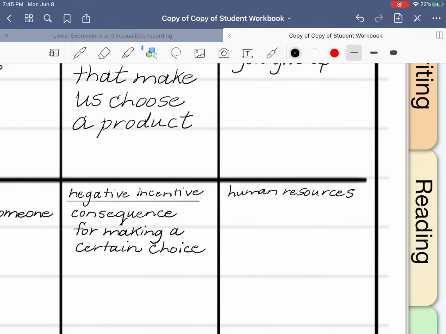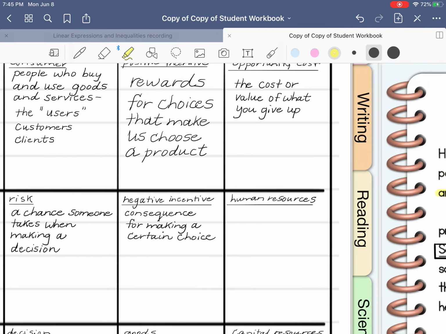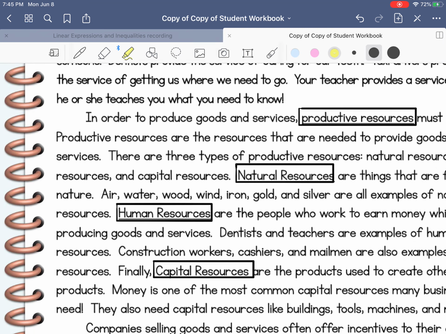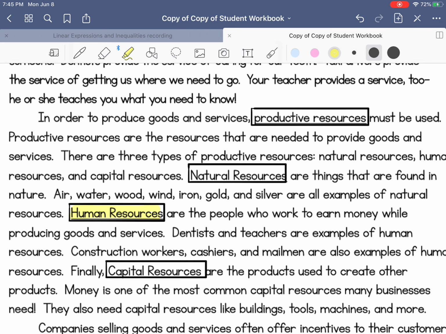Human resources. You might have heard of a human resources department. Human resources are, there's the linking verb, the people who work to earn money while producing goods and services.